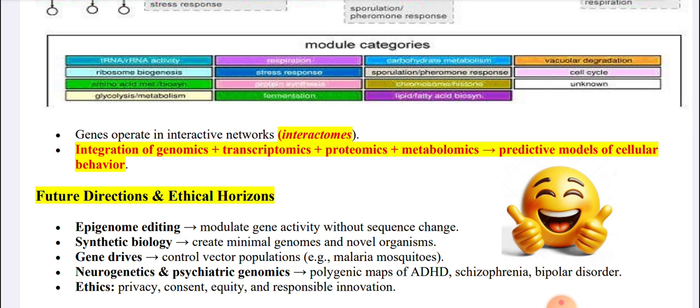GWAS and large-scale sequencing are starting to build these polygenic risk scores for psychiatric conditions. Which raises huge questions about prediction, stigma, diagnosis, privacy, and how we use potentially probabilistic risk information, especially for conditions that are also heavily influenced by environment and experience.